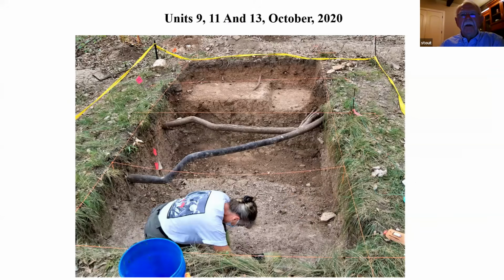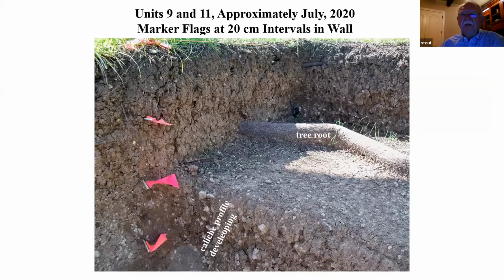And in that unit, in this part of the unit, there's a caliche profile that develops in the bottom of it. I don't have good photographs of this, but what I will show in the next one is this rock here. That's a pretty large rock. You never know what you're going to find under the rocks. And this one was by itself and it was large.